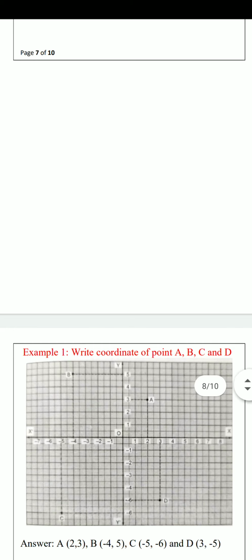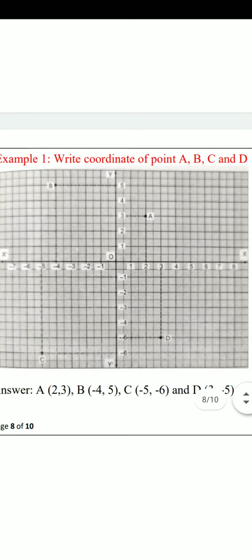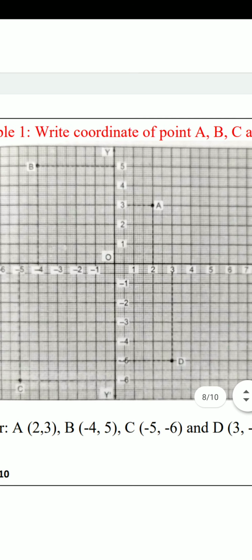Now here is one example: write the coordinates of points A, B, C, D. To check it, see that point A lies in the first quadrant. To write its coordinates, first we measure the distance of point A from the y-axis.